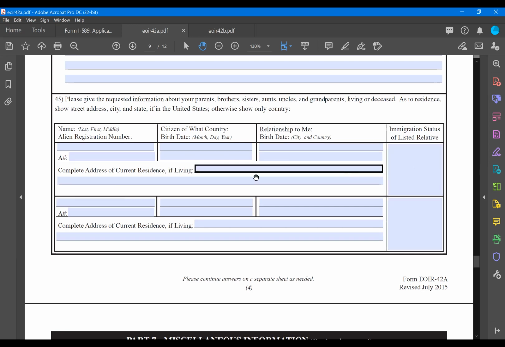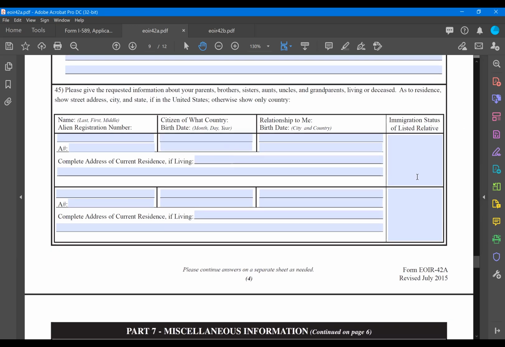So you are always going to need a separate piece of paper, an addendum, to list out the person's family members. And remember, some people just don't bring up somebody who has died, but we have to include them, even if they have died. It says living or deceased. So even if all of their grandparents have already passed away, we have to include the information about those grandparents.